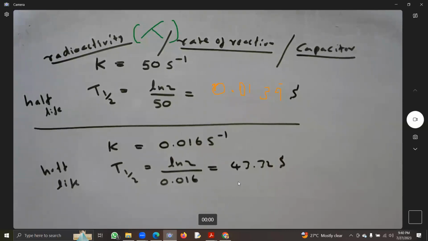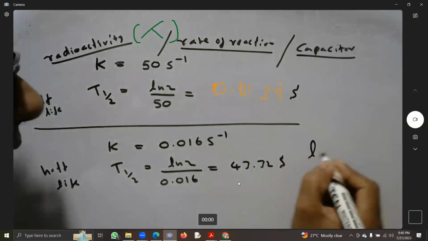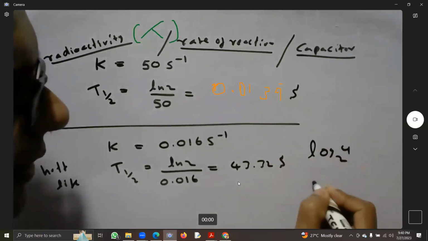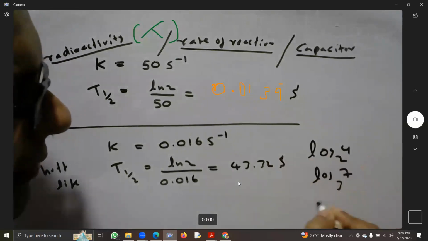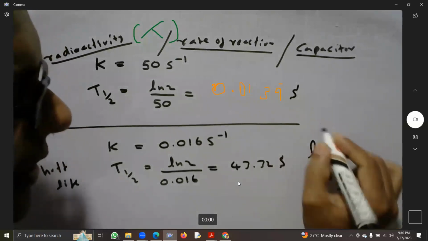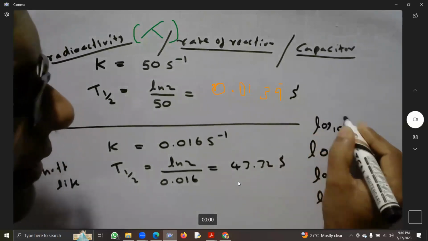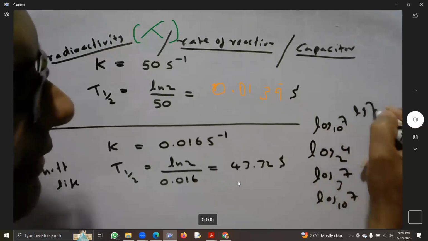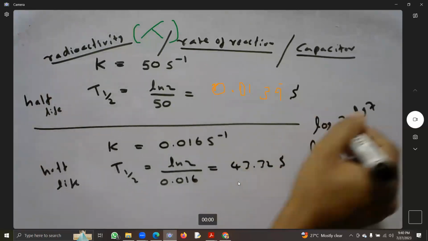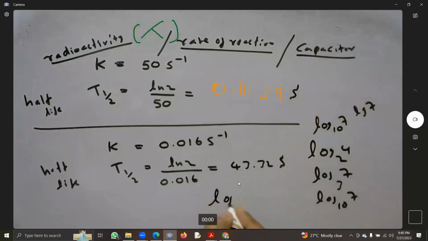It's a special base of log, the exponential e base.